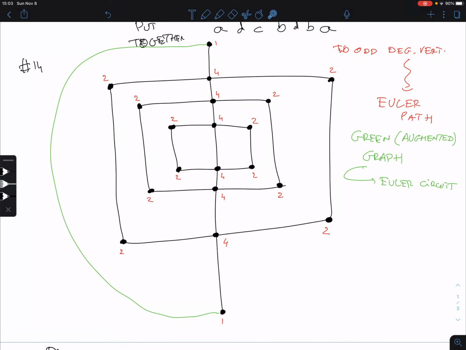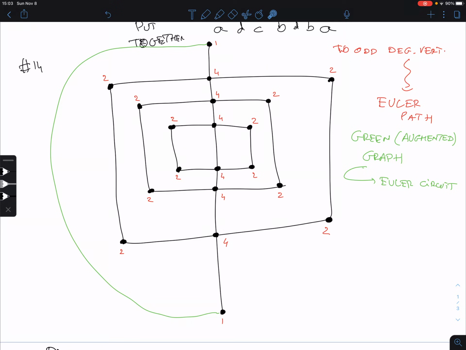You might think, oh, if I go too deep in here, I can never get out anymore. Well, that's the beauty of this theorem: as long as all the degrees are even, you can always get back to your starting point without reusing any of the edges before. In other words, you can close the doors, don't worry about it. It looks like you're stuck, but you will never be stuck.